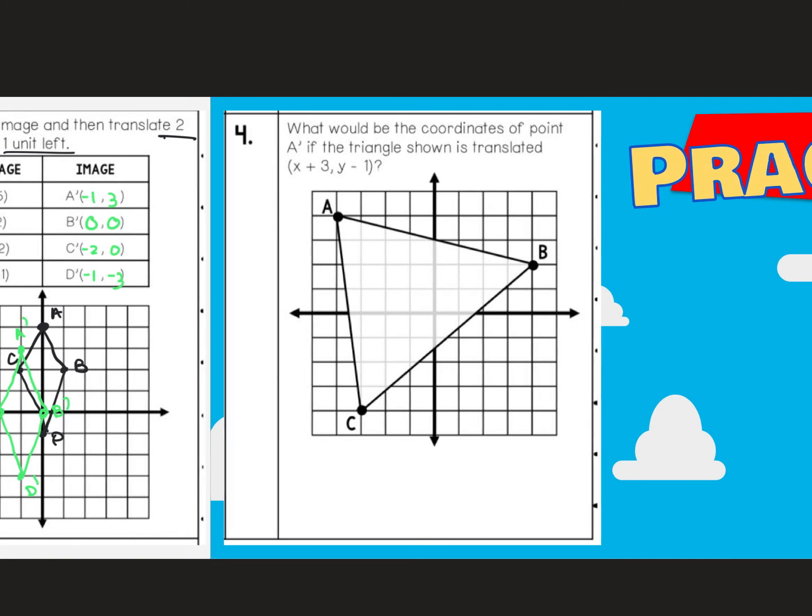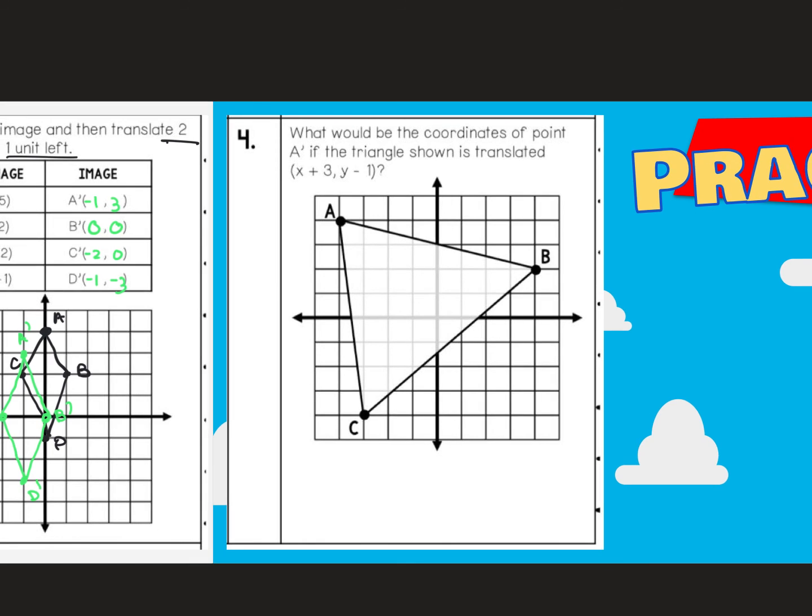All right. So then for the last example, they don't give us the points here. They give us the image already. So it said, what will be the coordinates of point A prime if the triangle is translated x plus 3 and y minus 1. All right, so let's look at the coordinates for A. The coordinates for A are -4, 4.